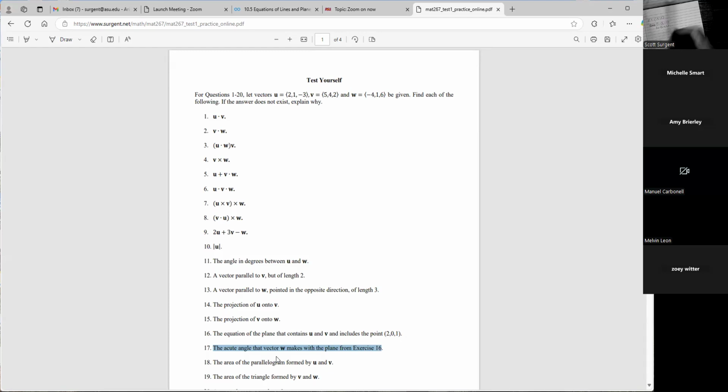It includes the point 2, 0, 1. All right, so let's go ahead and work this one out.